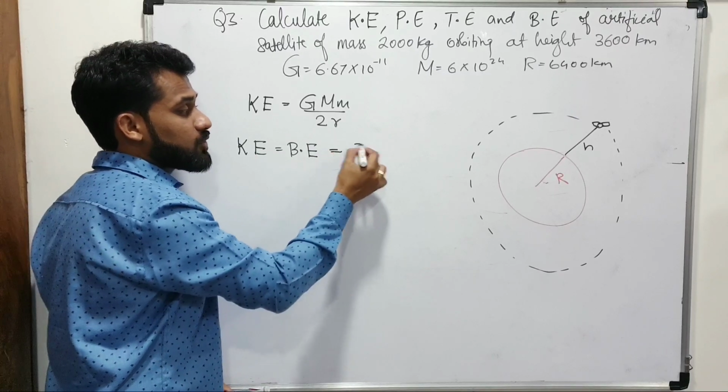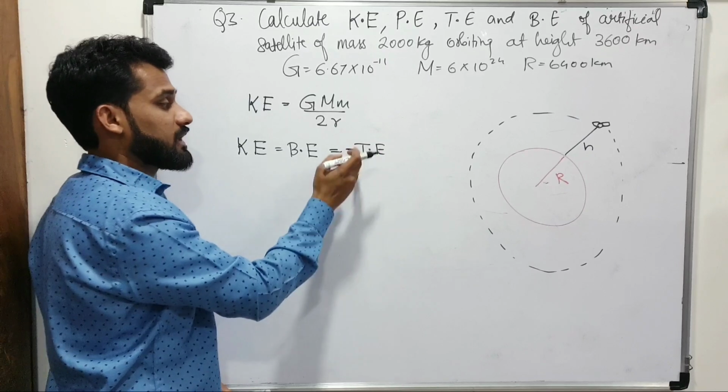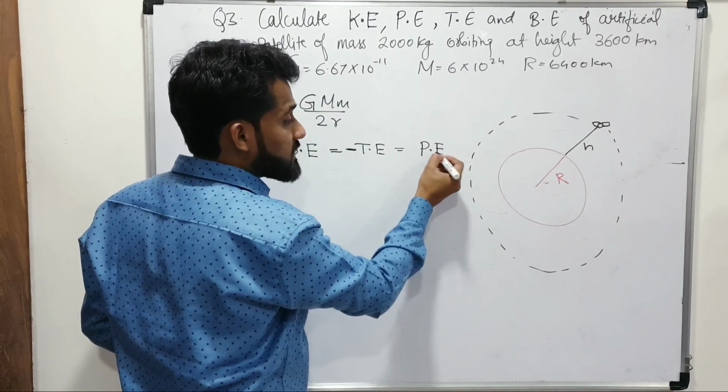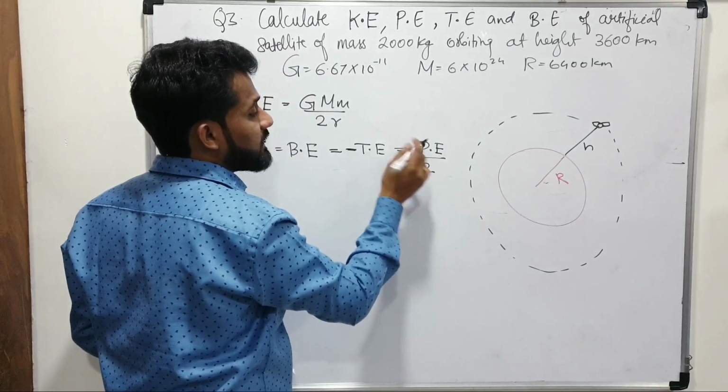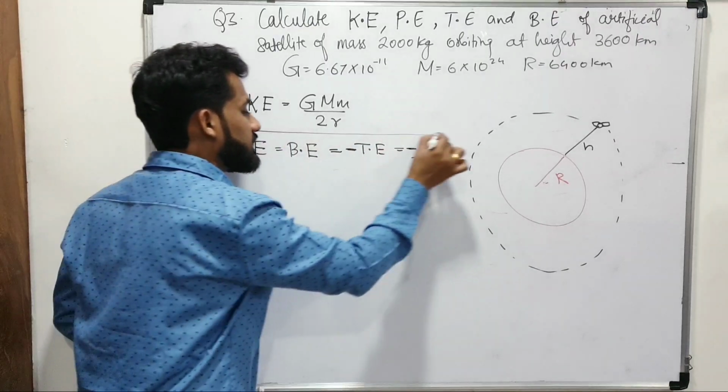It is always equal to total, but with a negative sign, means total is already negative, so if you put a negative, it becomes positive. And potential energy is twice, so make it half, and it is also negative, so to make it positive, there is a minus sign. This is the relation between the four energies.